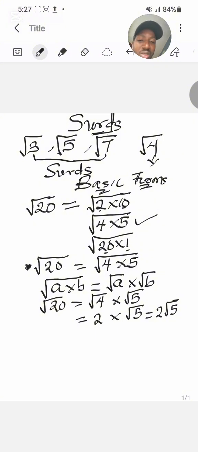But obviously, nobody is going to give us a question like root 20 just to ask us to find this. So let's take some questions and see how they can give us surds to simplify in basic form.